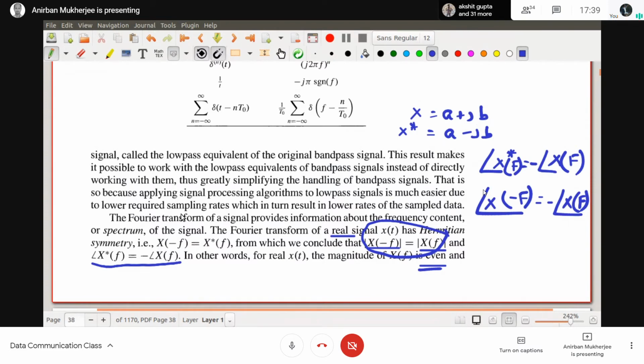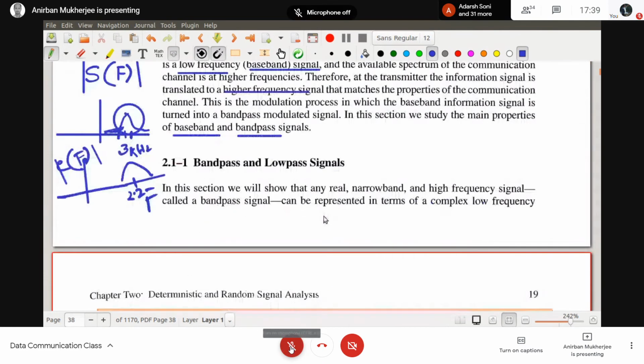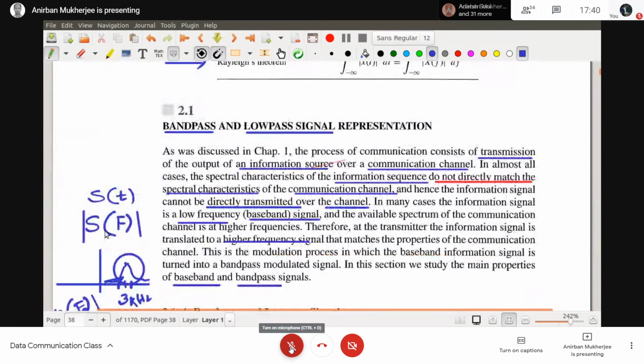Sir, what is the meaning of complex Fourier transform, like complex number Fourier transform? Complex number Fourier transform will give you a complex value. Generally, if you take a signal and do the Fourier transform, it will give a complex result. But in the graph, we just draw frequency versus the magnitude of the Fourier transform. That's why I always write mod, you plot mod.